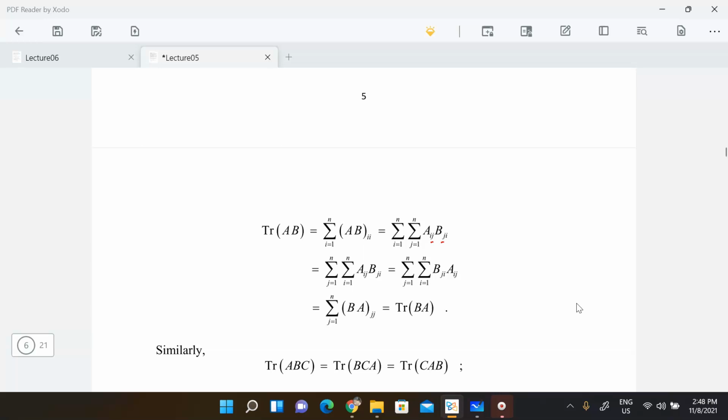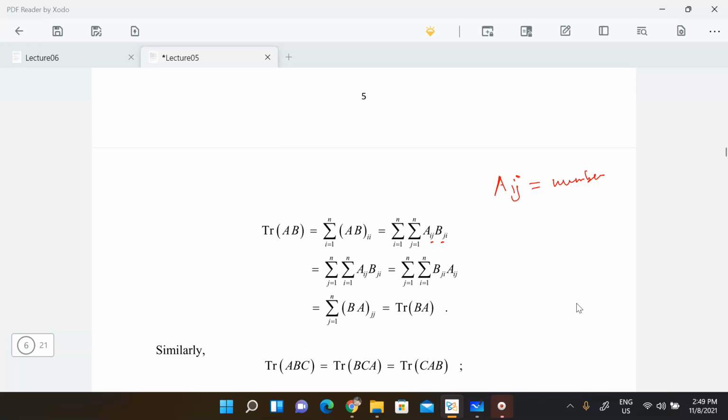So what happens there also is that you can swap this around. This A_ij is just the ijth element, so it's a number. So A_ij and B_ji are both just numbers, and I can swap them around to become B_ji A_ij.